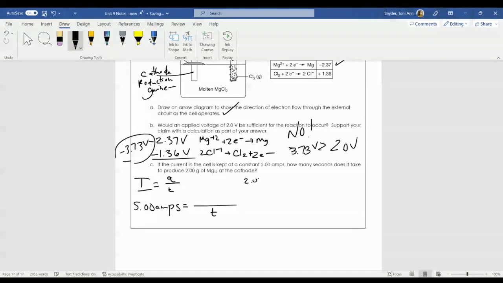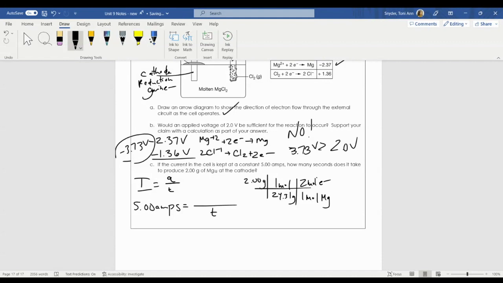So 2 grams of magnesium, molar mass of magnesium, 24.31 grams to 1 mole. This is 1 mole of magnesium. How many electrons is it gaining? Well, it's gaining 2 electrons in this process. So 1 mole of magnesium is gaining 2 moles of electrons.